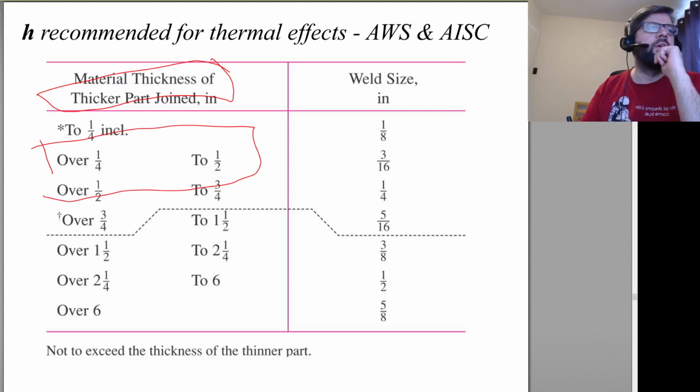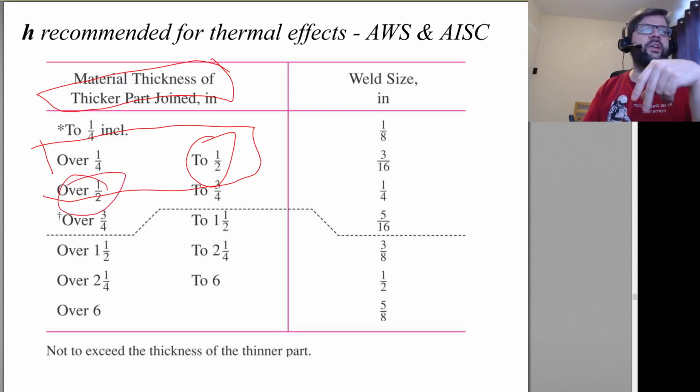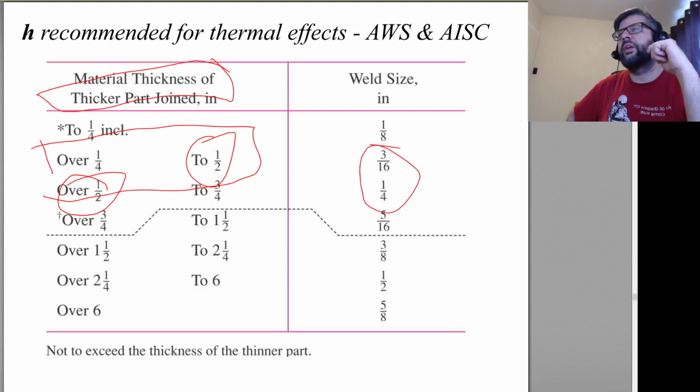So again, if we have a 1/2 inch material that's being joined, and we're on the cusp here, 3/16 or 1/4 inch would be a suitable minimum weld size.